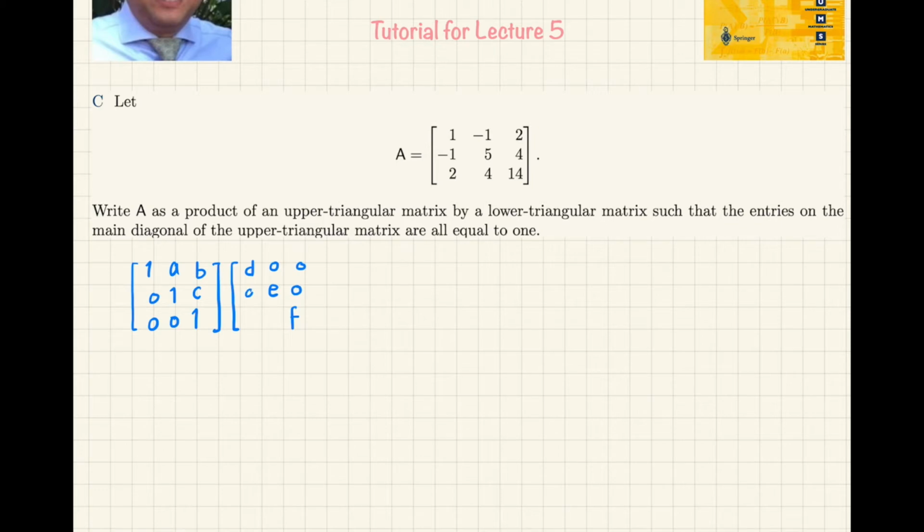But then the entries below I don't know, so F, G, H, I, let me call them for example. This product is going to give me the matrix A. So I want to find these lower triangular and upper triangular matrices with these conditions, so that when I multiply them in this form, it gives me matrix A back.